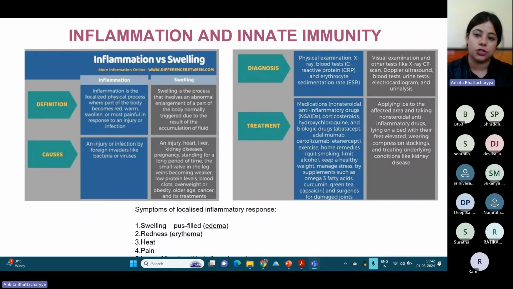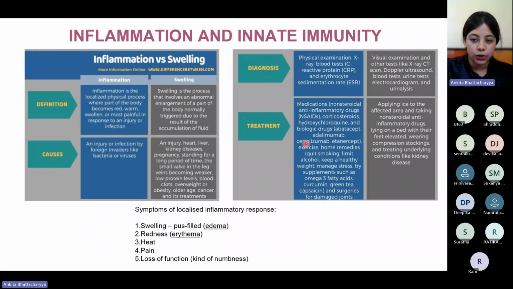Treatment for inflammation involves very serious medications, called NSAIDs, or non-steroidal anti-inflammatory drugs, corticosteroids, hydroxychloroquine, and biological drugs like different monoclonal antibodies. In case you're not familiar, these drugs that have the name ending in MAB, for example certolizumab or adalimumab, are all monoclonal antibodies.